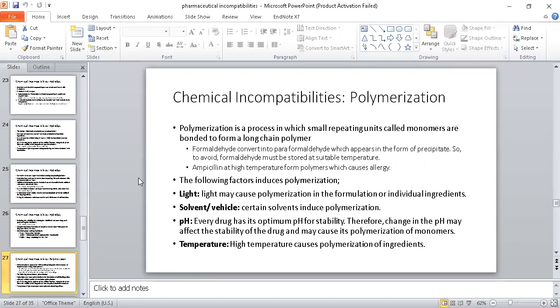Then after hydrolysis, there is polymerization. Polymerization is a process in which small repeating units called monomers are bonded to form a long chain polymer. The following factors induce polymerization: light, solvent or vehicle, pH, and temperature.